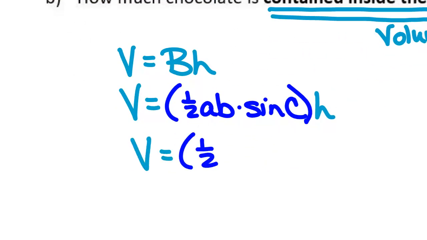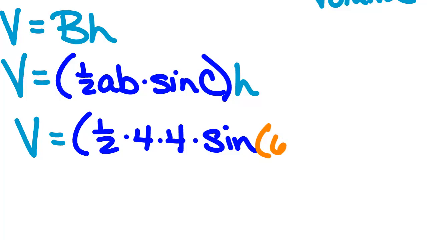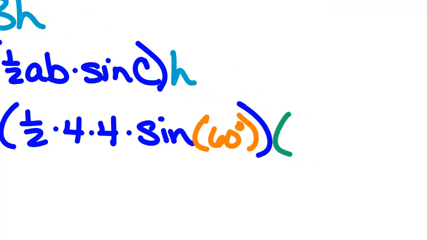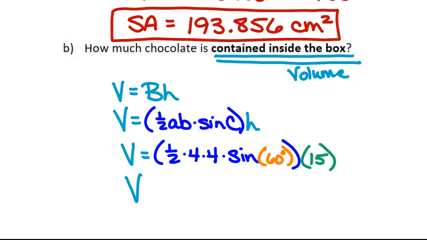So we have 1/2 times 4 times 4 times the sine of 60 degrees. Make sure you close the parentheses around that 60 before you put in the height of 15. And that would give us a volume of what?